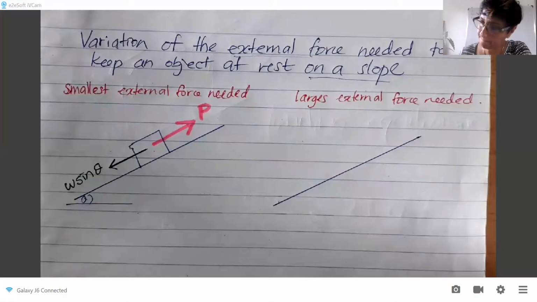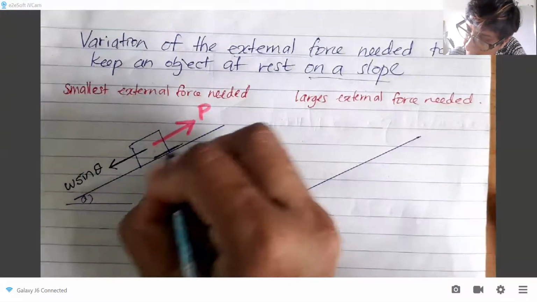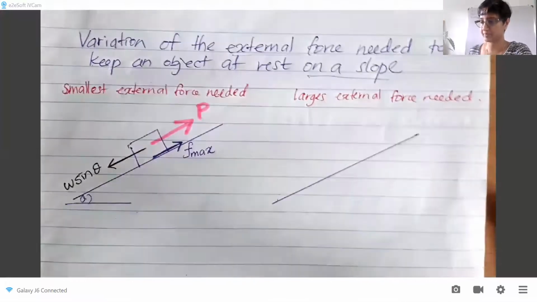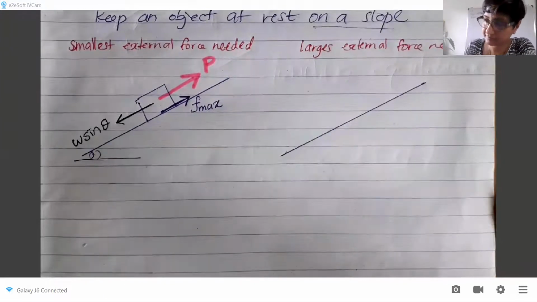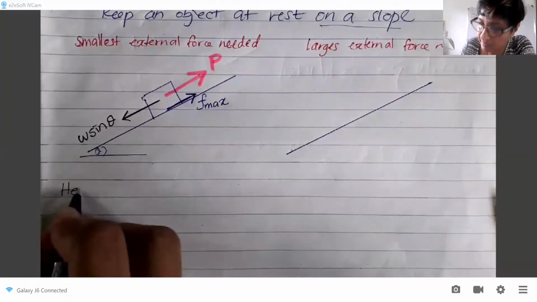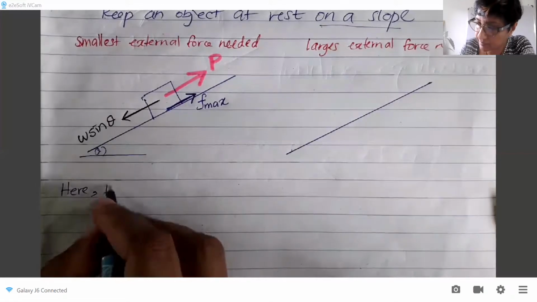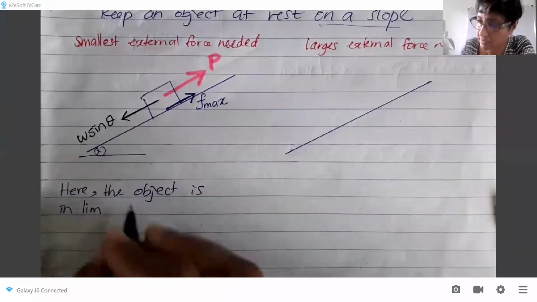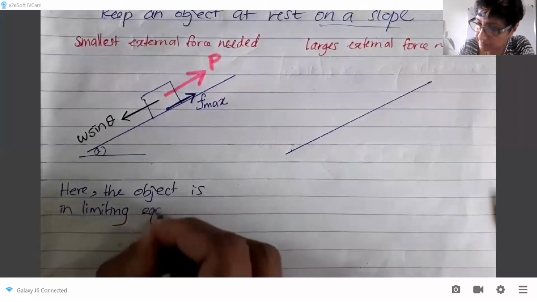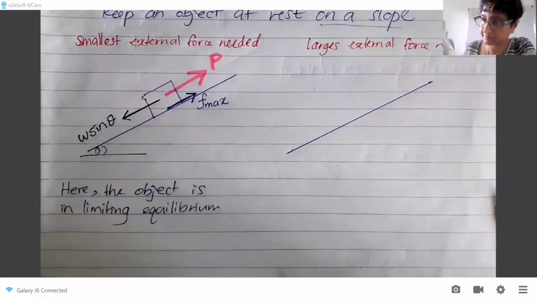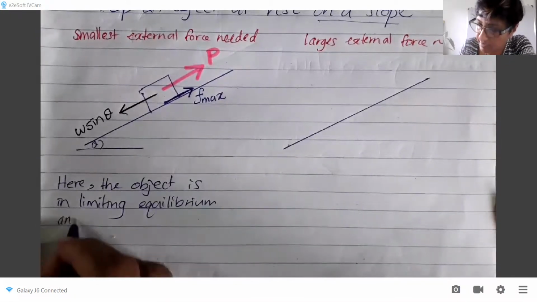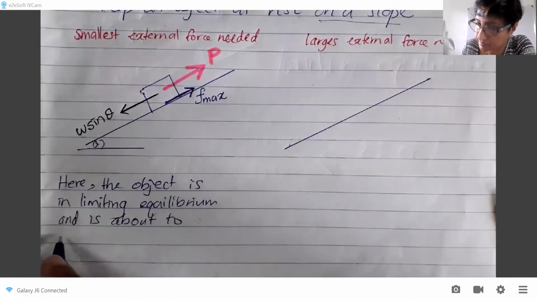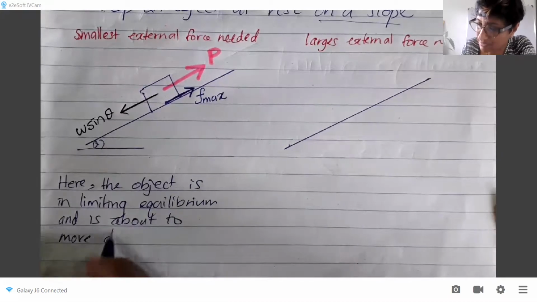Here's friction. Here the object is in limiting equilibrium and is about to move down.